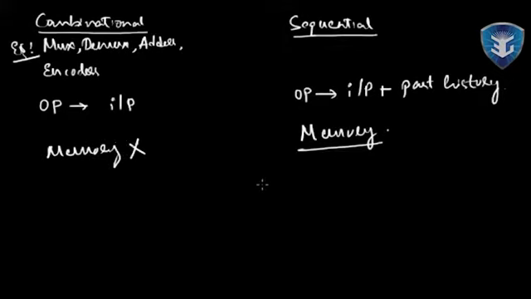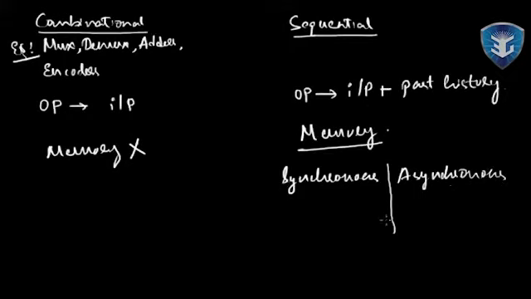In case of sequential circuits, there are two basic classifications. One is synchronous sequential circuits and the other one is asynchronous sequential circuits. In case of synchronous sequential circuits, the output changes its state as soon as the clock is given.